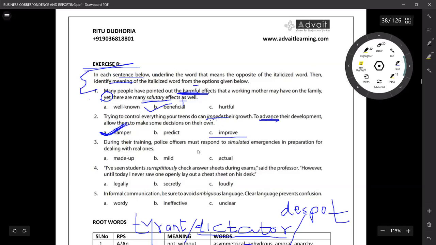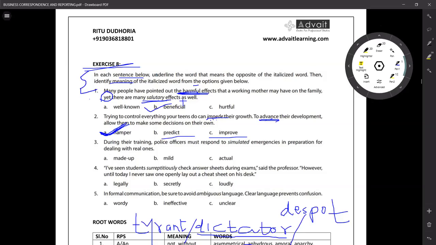Improve will not be the meaning of impede. Predict will not be the meaning of impede. Left is hamper. Okay. During their training, police officers must respond to simulated emergencies in preparation for real ones. What is simulated? You play games on your phone. Simulations they are.